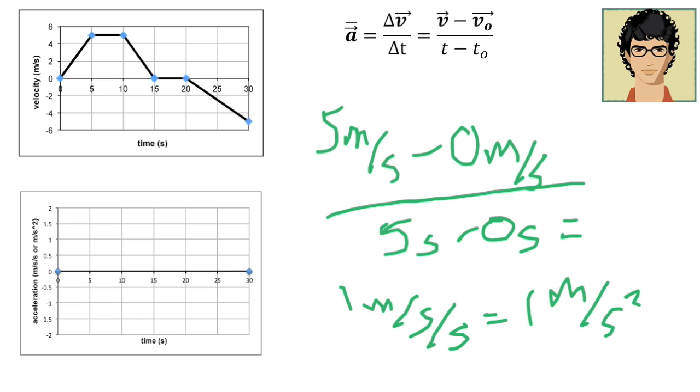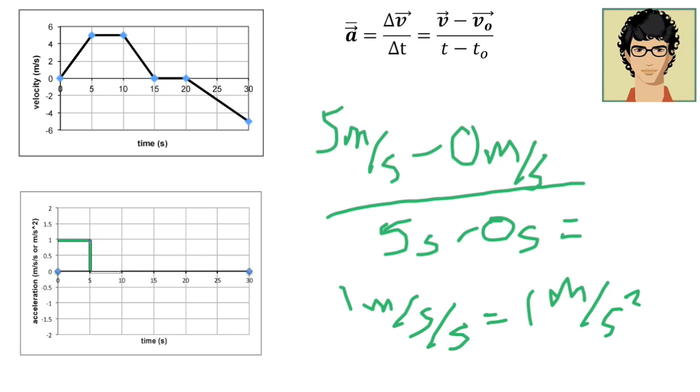So what we'll do is work with the plot, and over here, at the 1 meter per second squared, we'll put our constant velocity of 1, and we notice that from 5 to 10 seconds, we have a constant velocity, a flat 0 slope. That means the acceleration is 0.